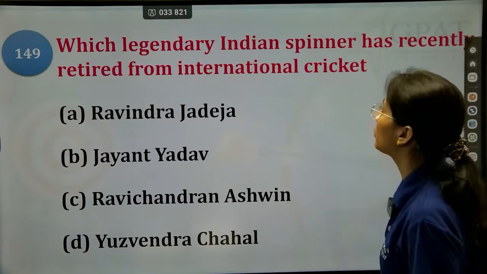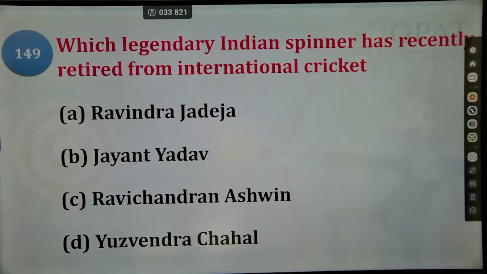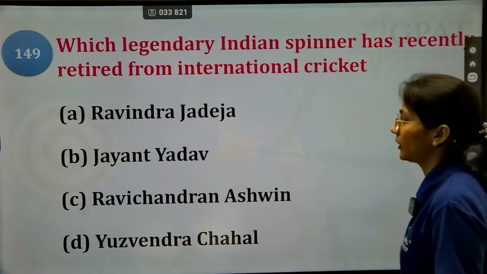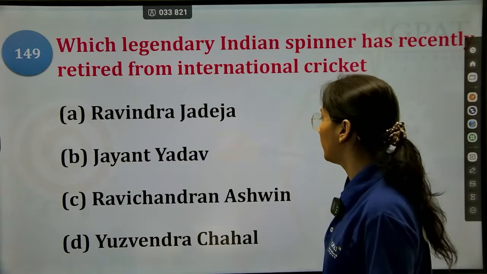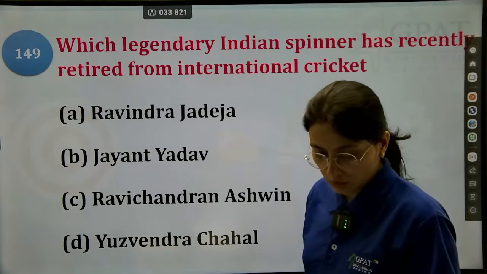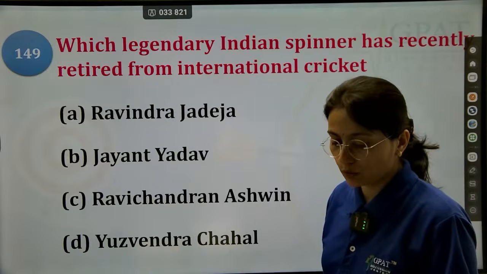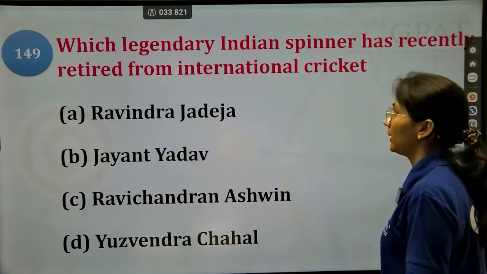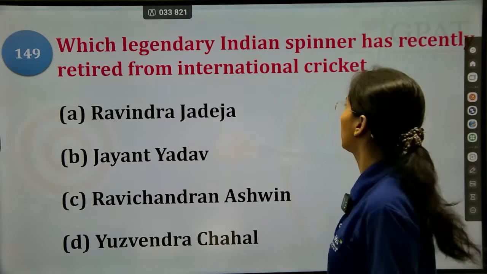Next question: which legendary Indian spinner has recently retired from international cricket? Ravindra Jadeja, Jayant Yadav, Ravichandran Ashwin, Yuzvendra Chahal. As you all know very well, Ravichandran Ashwin recently retired from international cricket.